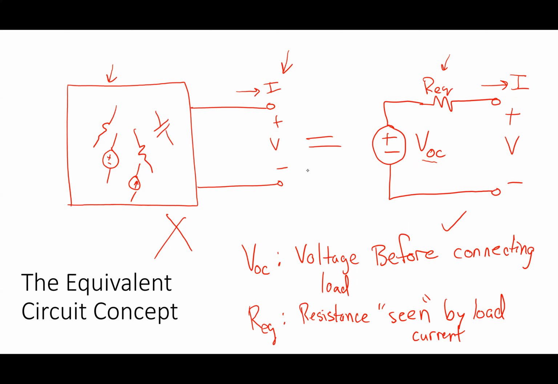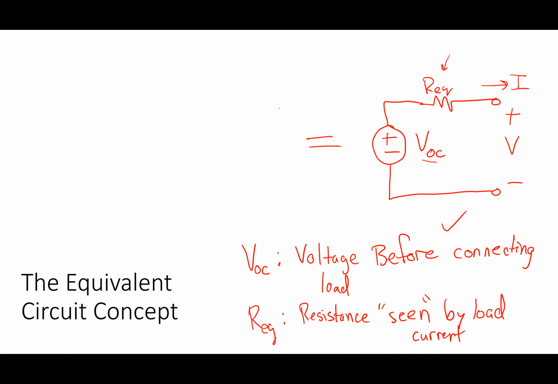So I need two things here. I need to know VOC, which is the voltage before I connect the load. And I need to know the resistance, quote unquote, seen by the load current. The resistance seen by it means that if I were to look at this circuit here and apply a source of some kind, let's say a current source, I would ask myself, what is the effect of that current source? What resistance does that current source see?